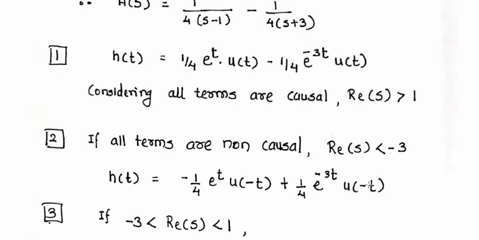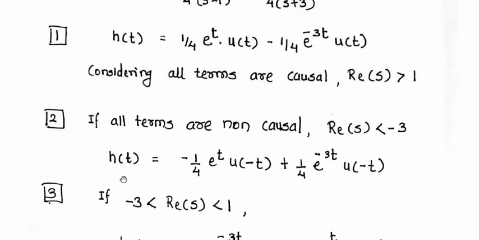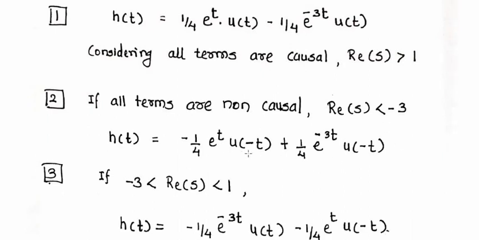So u of minus t you can see here, and that negative and the original negative sign will make it positive here. Thus, if all the terms are non-causal, your h of t will be a left-sided signal. That can be very well seen from this u of minus t and the minus sign involved here.